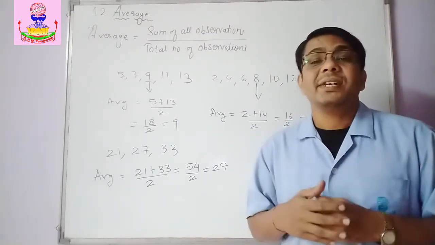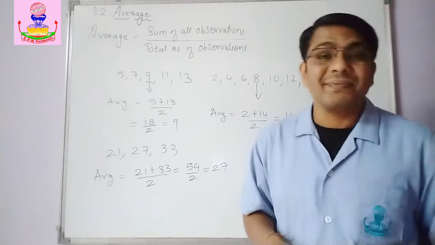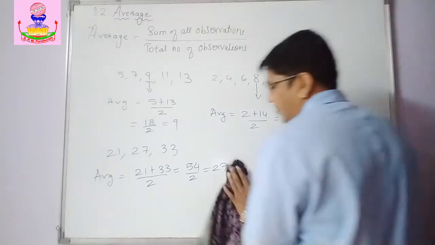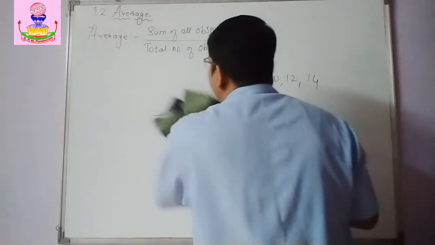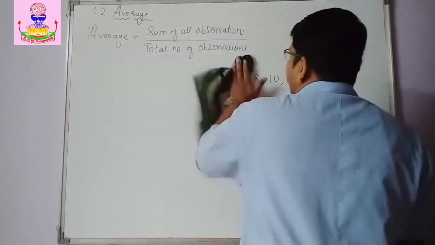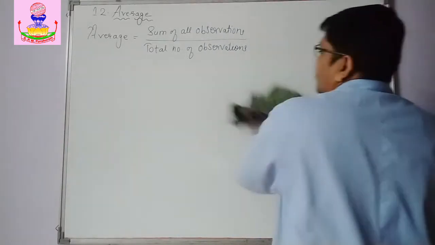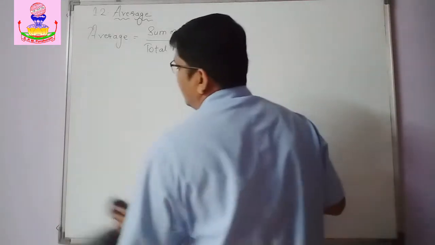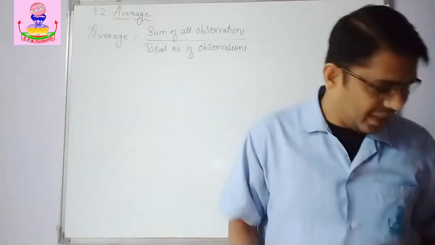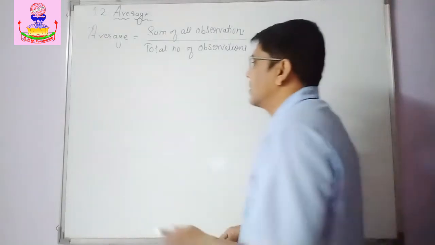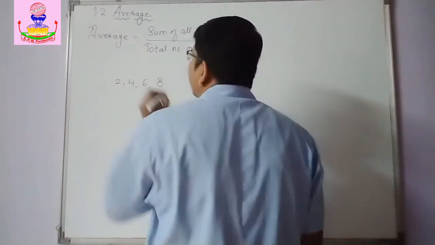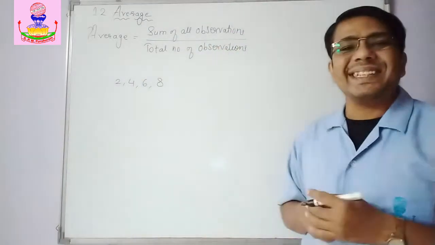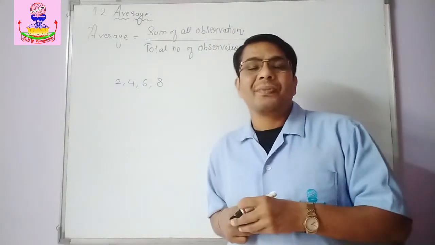Now, it's okay when there are an odd number of observations. But suppose there are an even number of observations, then what? In that case, the average of the middle two numbers is the average of all the given observations. For example, I have got 2, 4, 6, 8. Again here there is a common difference, and they are even in number.